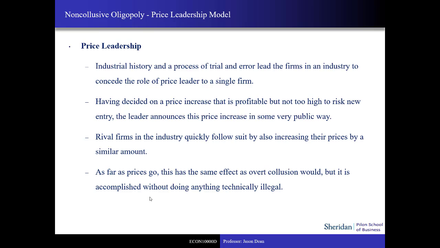And so no one else changes their price unless this price leader does. If the price leader decides to increase the price and that it's profitable, the leader would announce this in a public way, and then the rival firms will quickly follow suit by also increasing their prices.